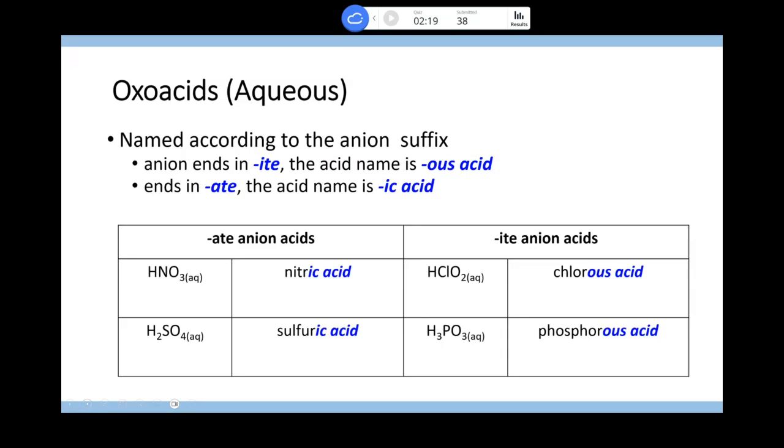And then sulfate, sulfuric acid. If we have ite for the end of the anion, polyatomic ion name, like this is chlorite, but with a hydrogen, then the acid name is chlorous acid. And this occurs when there's a hydrogen there, a hydrogen cation. And then for phosphite, we have phosphorous acid.